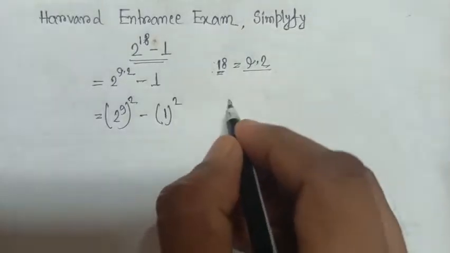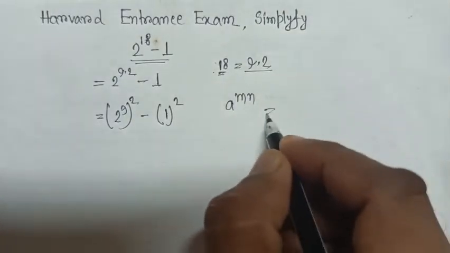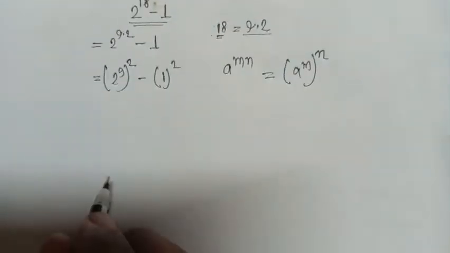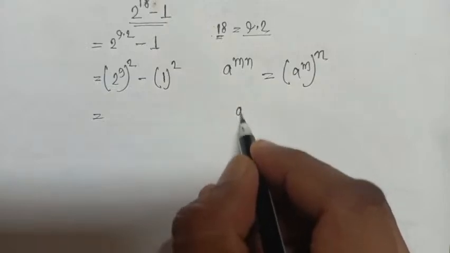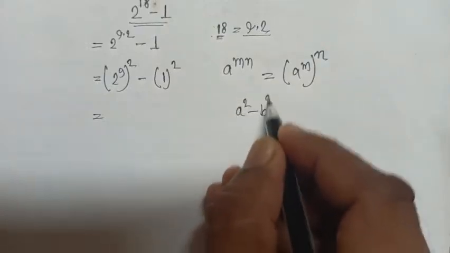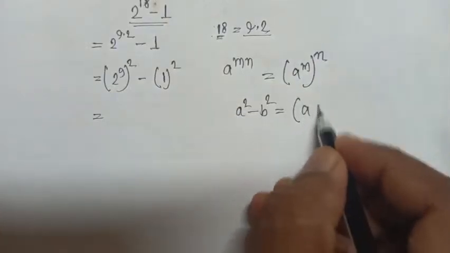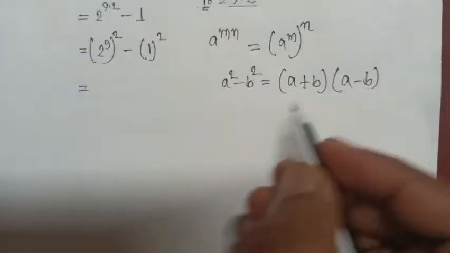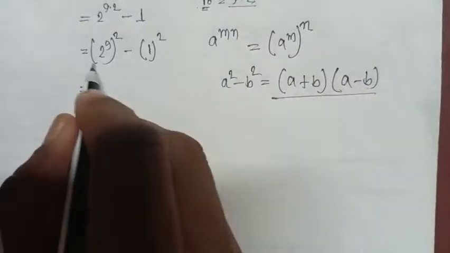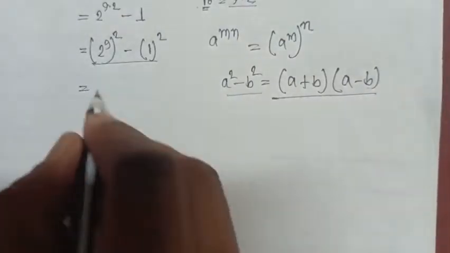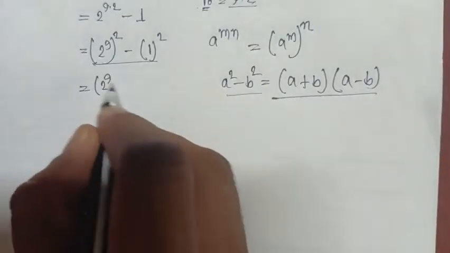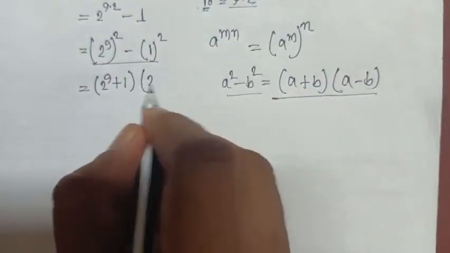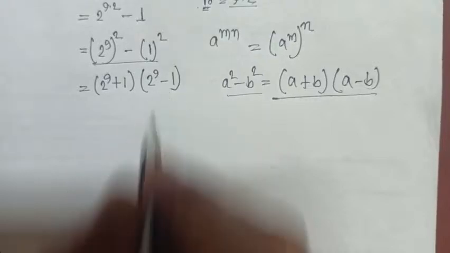As we know, a to the power mn is equal to a to the power m to the power n. Now we know the formula a square minus b square equals a plus b into a minus b. So we are going to express this same as a square minus b square, like 2 to the power 9 plus 1 into 2 to the power 9 minus 1.